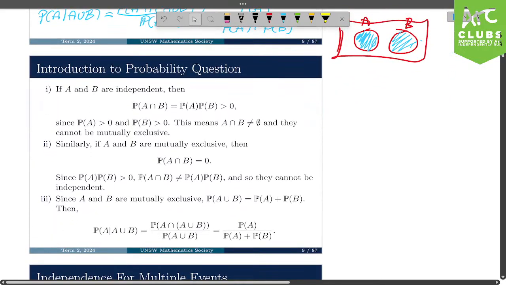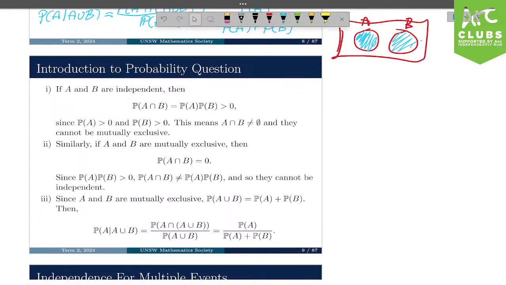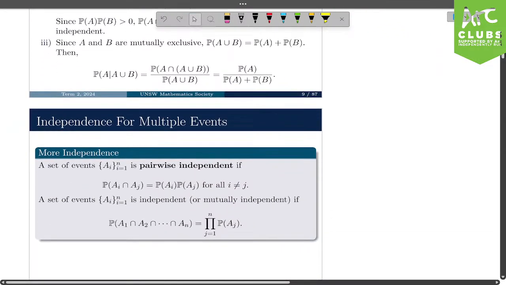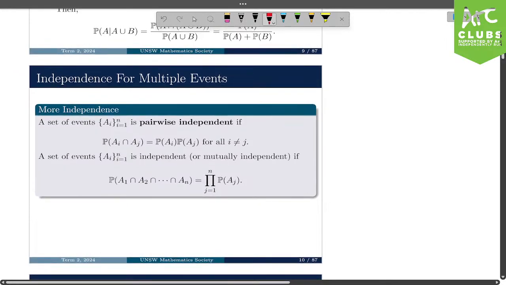Here's something a little bit more formally written out, just so if you're a little bit confused by any step, we can just have a look at something a little bit more formally written. We have this definition here of pairwise independence.